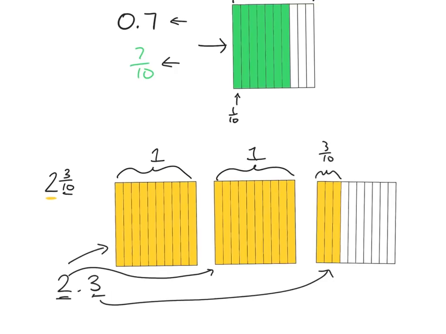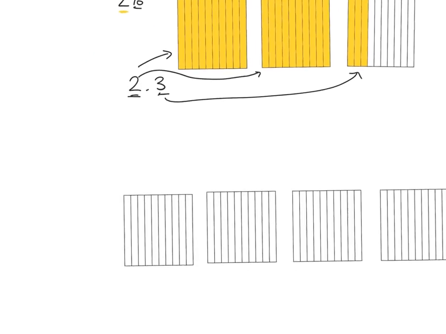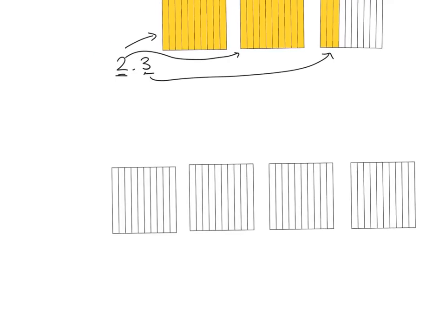Let's take a look at one more example, this time representing a large decimal with an area model. I'm going to be representing 3 9/10 with an area model. I start with the whole number. I know that each one of these squares is equal to 1 whole, so I need to fill in 3 of them.